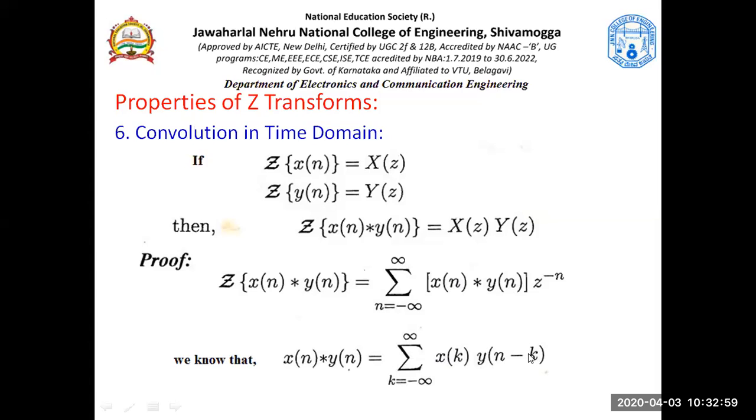Once we start learning the convolution integral, you yourself can recall this. But as of now, since this is new, you'll not be very comfortable. Just try to remember this. In place of x of n convolution y of n, we are bringing this. That's it.